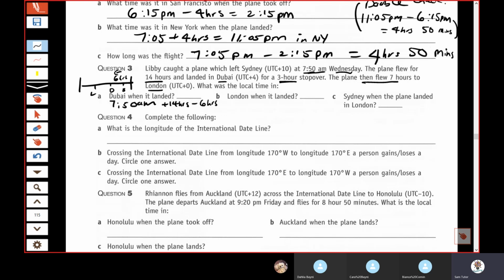Well then 7:50, again, I would just do it like this, 7:50 plus 14 minus 6 gets me 15:50, which is 3:50 p.m. Let me just double check that. 7:50 plus 14 is, sorry, plus 14 is 9:50, take away 6 is 3:50. Yep, 3:50 p.m. still on a Wednesday.